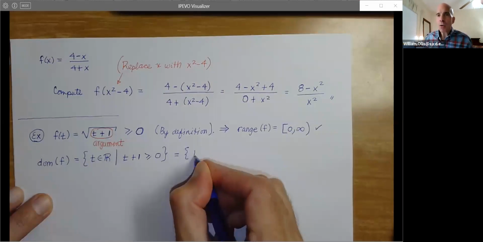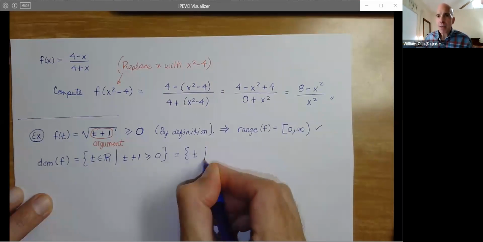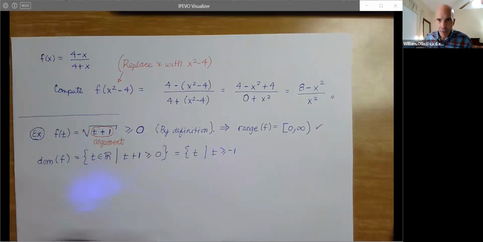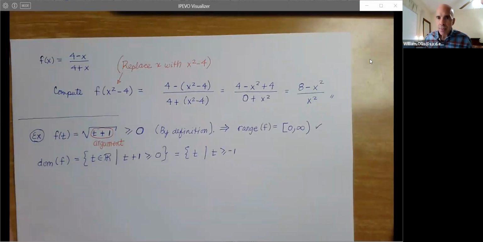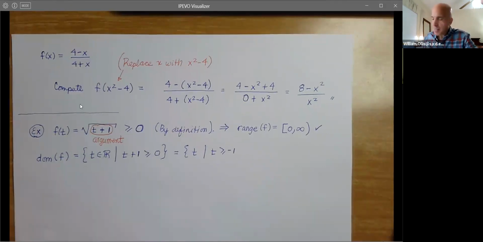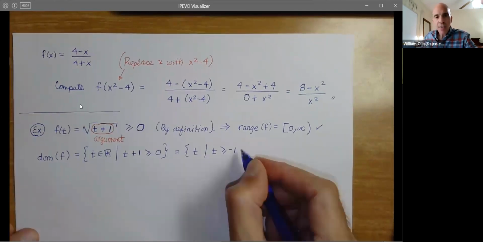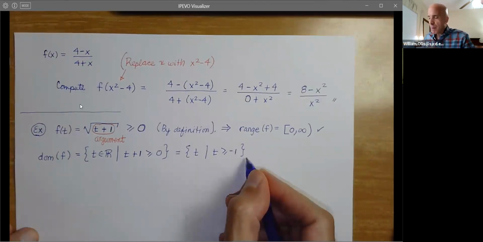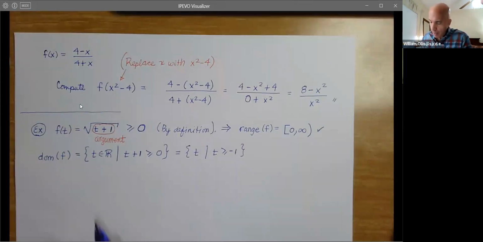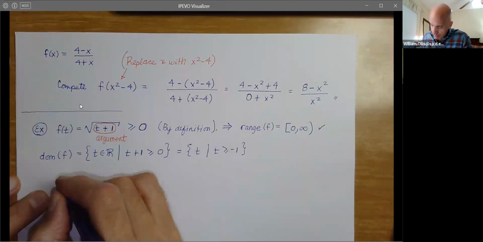Now, when you think about this, you have a function that's never negative, that's 0 or positive, and then the inputs must be -1 or greater. Now we know what the square root function looks like. Let's just go ahead and draw it.